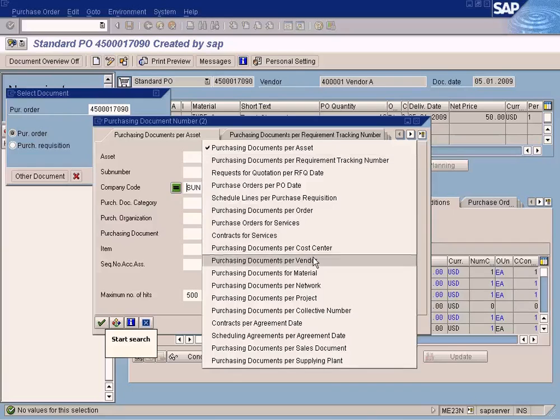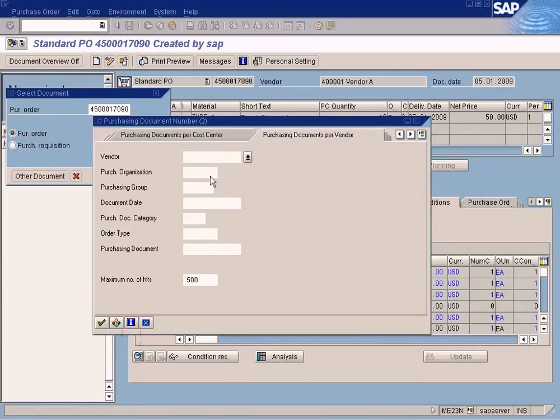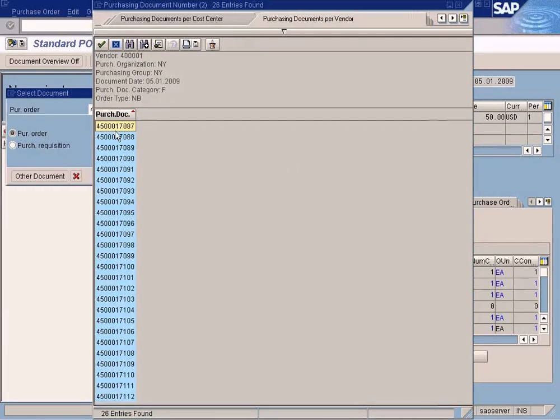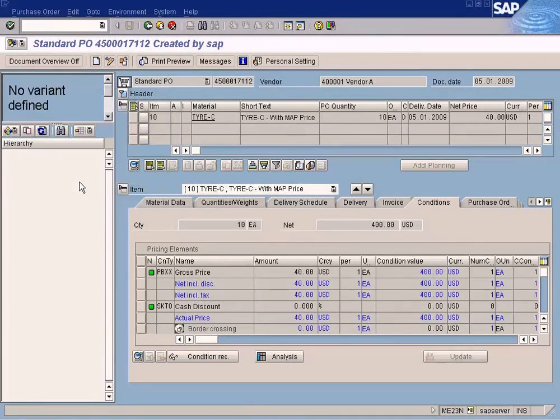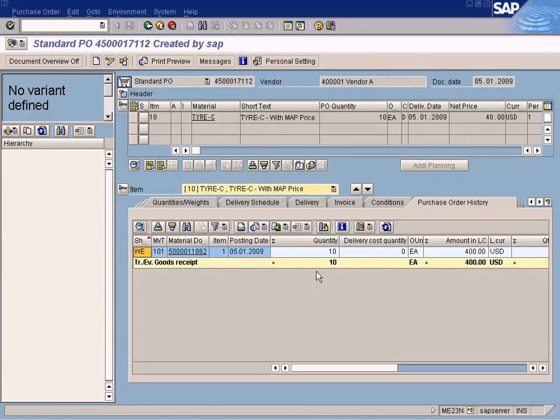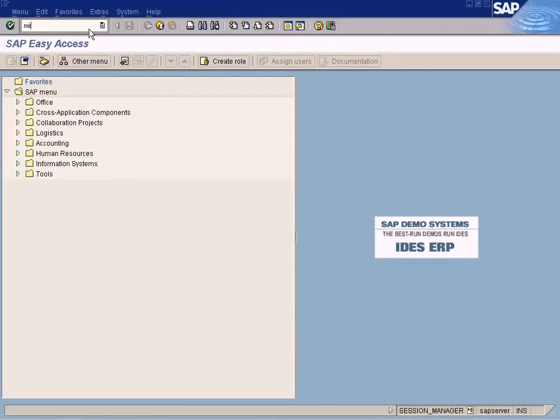Company code Sun. Per vendor. Okay, enter by vendor. So last purchasing document is this. Okay, enter. Okay, this is the one.